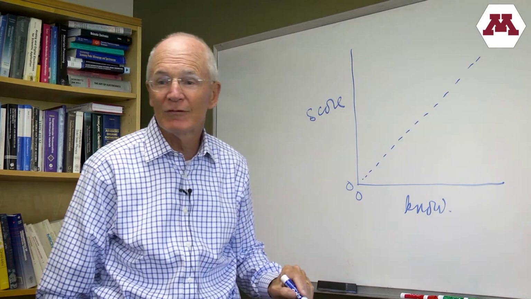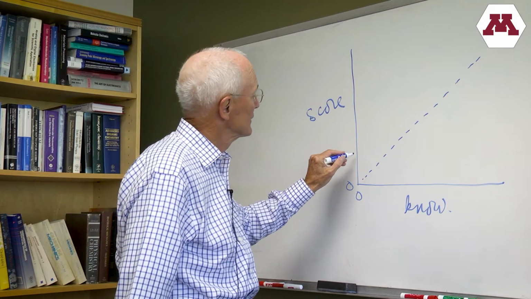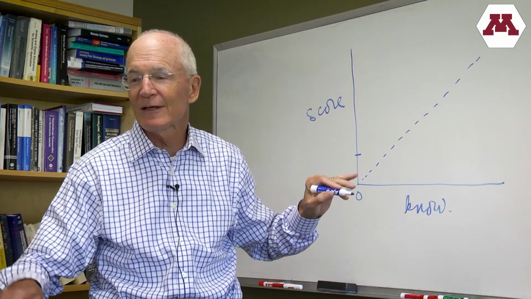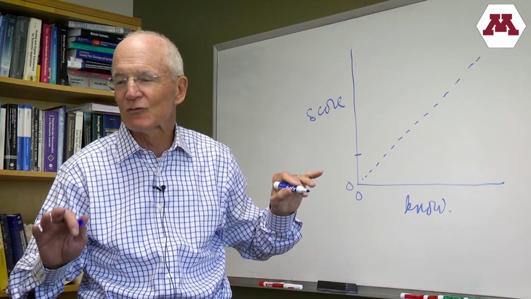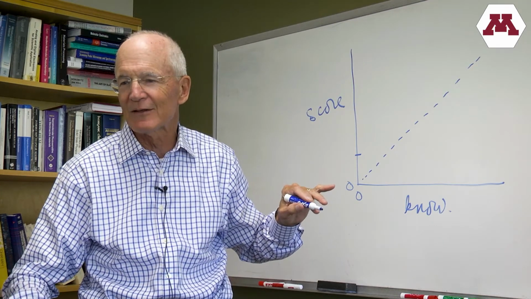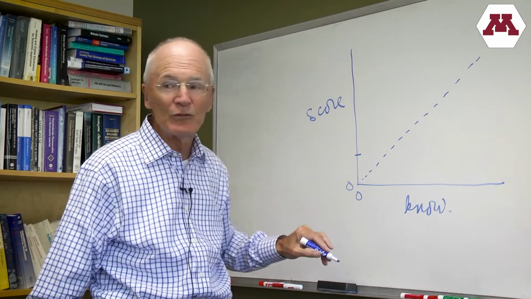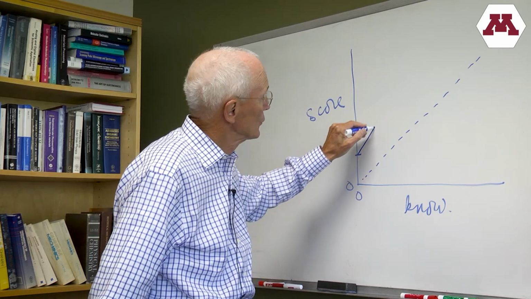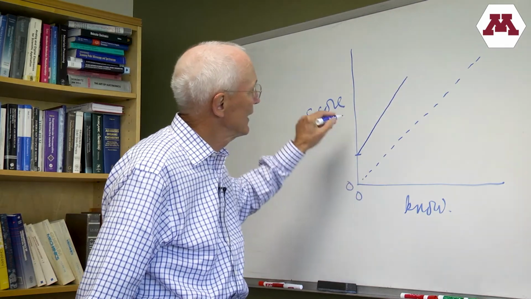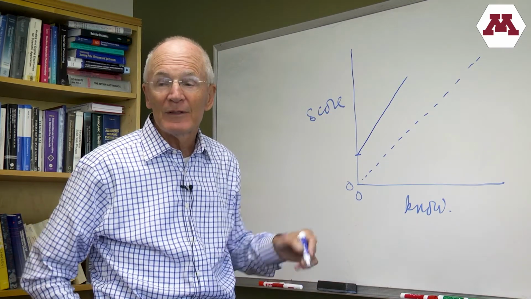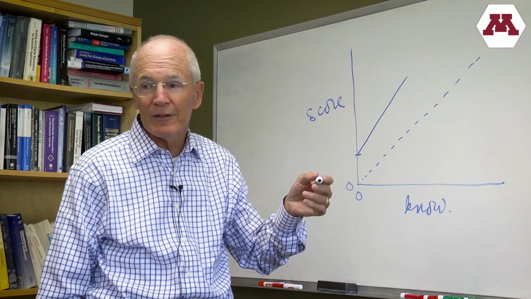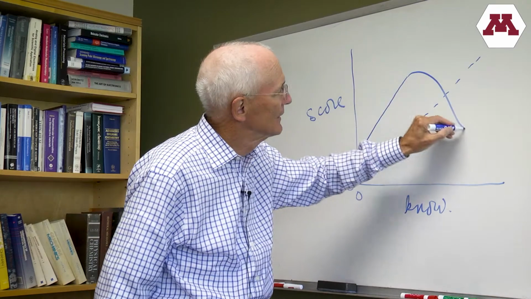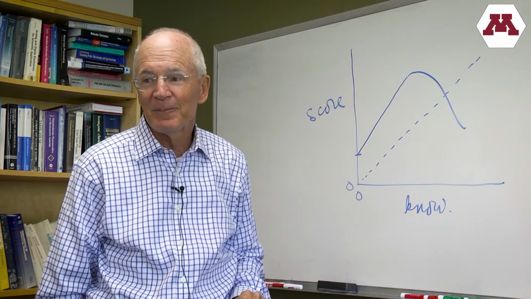And that isn't true. The first thing is there's a finite intercept. Because even if you don't know anything at all about the subject, if you even just write down your name without misspelling it, the TAs are going to give you a few points. And then for a while, you'll actually gain a fair bit. But the difficulty is that if you keep working and don't really understand the subject, there's a maximum.